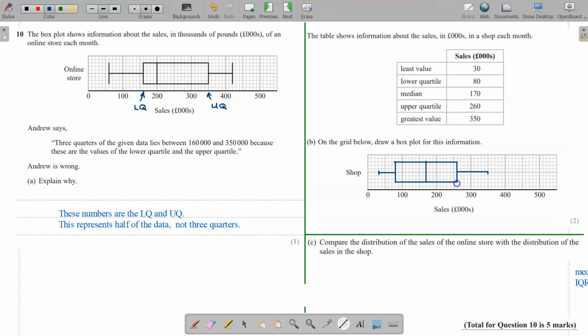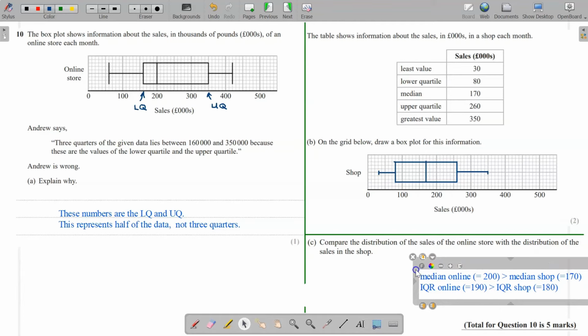Like that. So there's your box plot, and you've got to compare the distributions of the sales. Now, when you do this, you must compare the medians and you must compare the interquartile ranges. Don't talk about the mean or anything else, use those two.